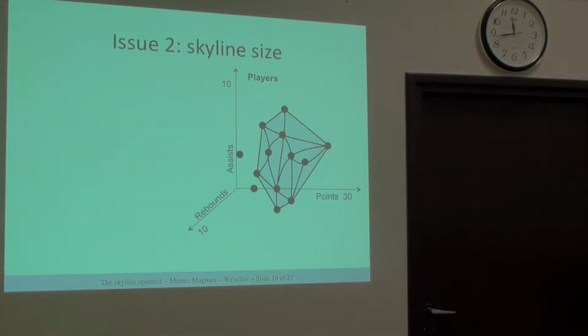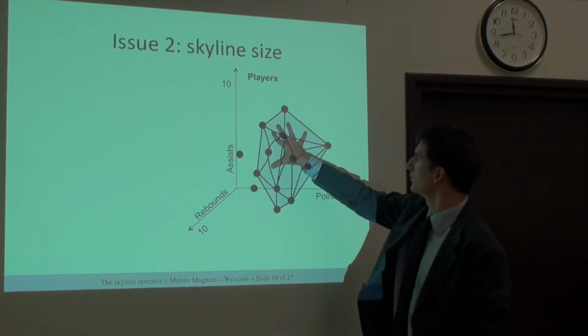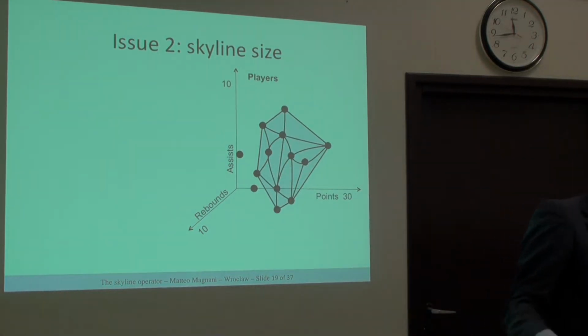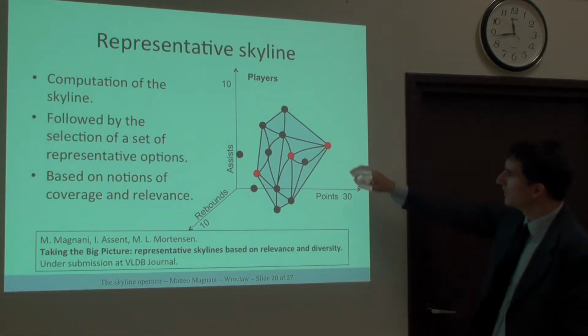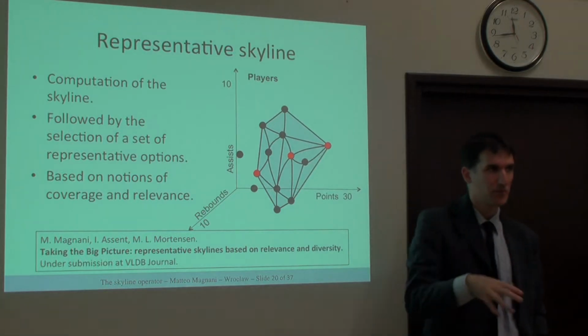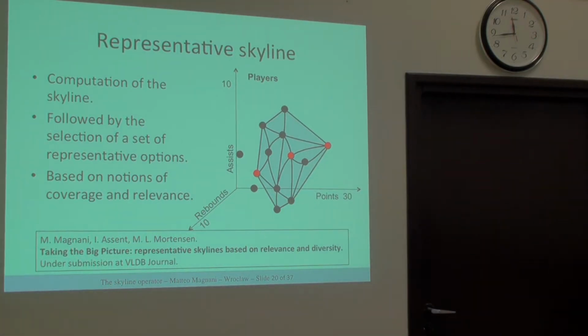There are just too many, but it gives you an idea of what they are. There could be a lot of alternatives in between, but what you can do after you have computed it is to choose some specific number of options that provide a good representation of the whole skyline.